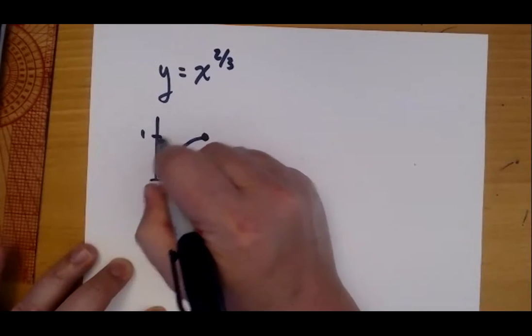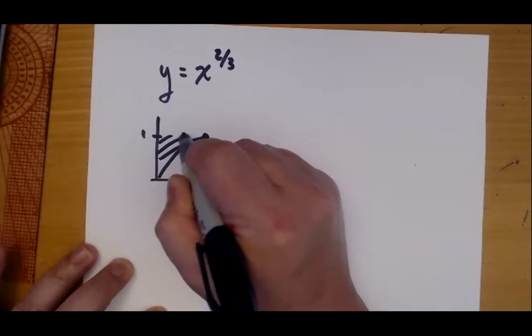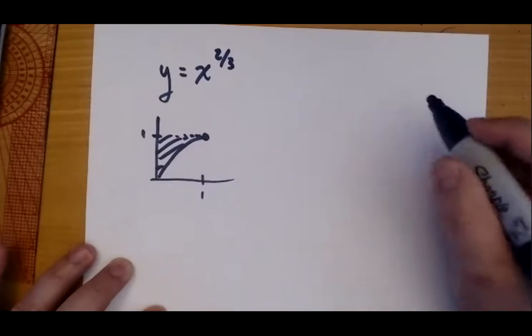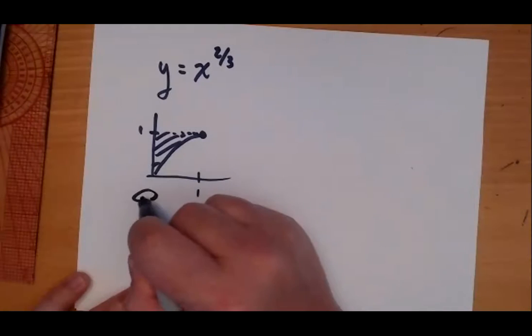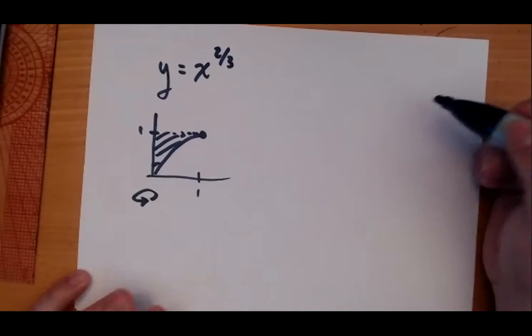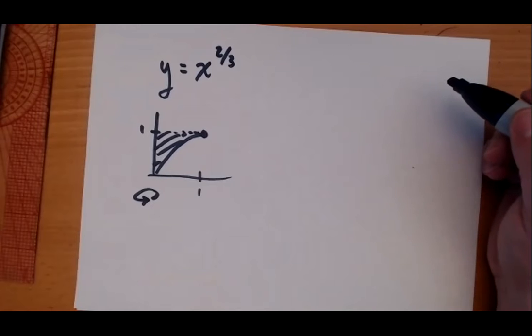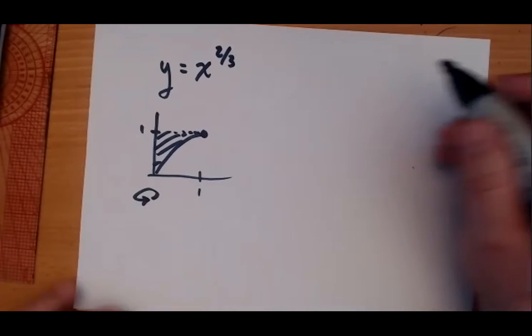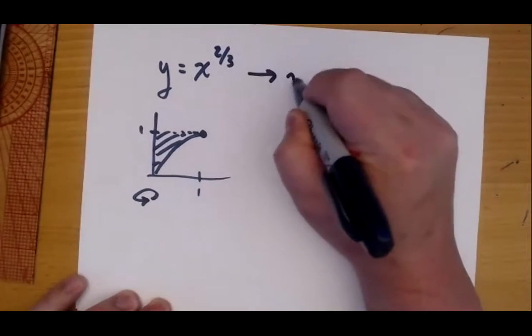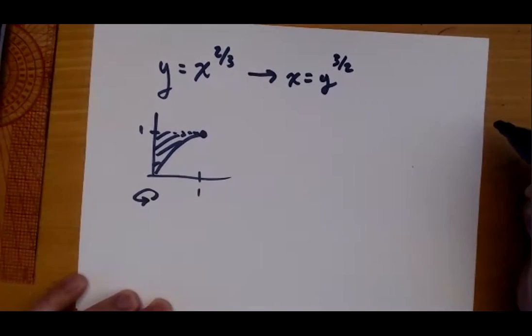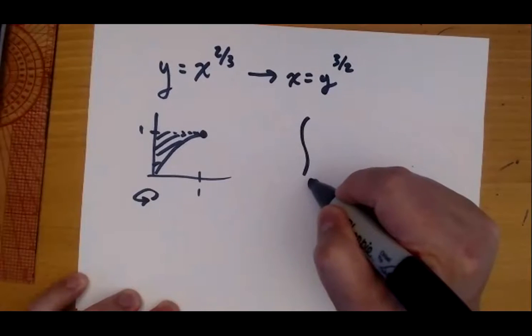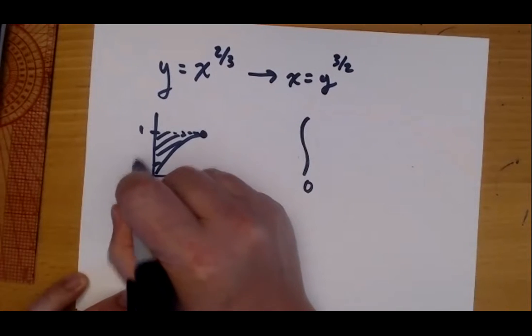And we were interested in this region, and we were revolving about the y. So if we're revolving about the y, then we have to have our integrand in terms of y. So x is equal to y to the 3/2. And then we're integrating from 0 to 1.